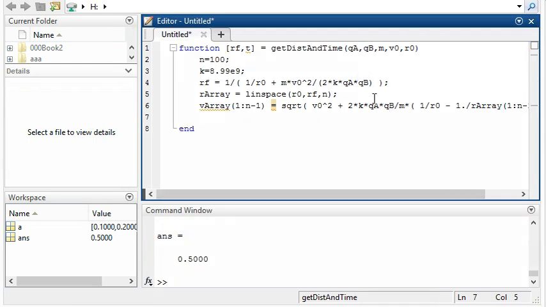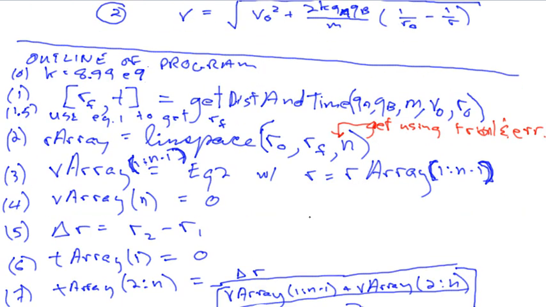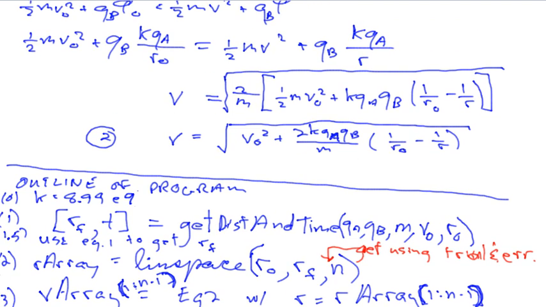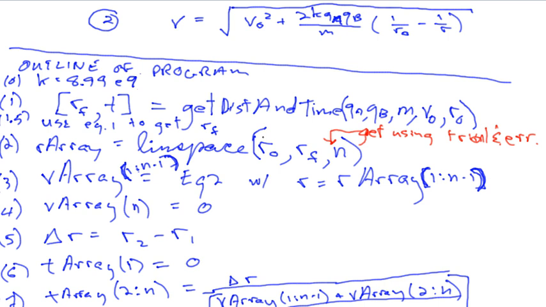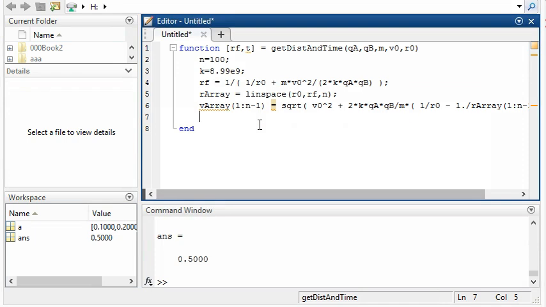Okay, let's get back to my outline, which I'm leaning so heavily on. The last one is going to be 0. And I remember why I did that. I was worried that I'd have something slightly different from 0 evaluating that equation under the radical, something slightly negative, and then I'd get an error. So I think that might protect me from an error. So V array of n equals 0.